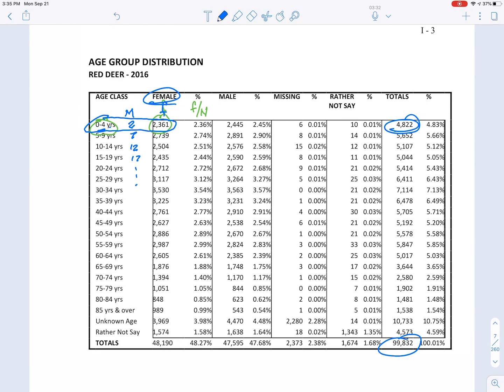So we'll focus in on the 48,000 females. And what I'd like you to notice is that because our infant mortality rate is fairly small in Red Deer, it means that you've got probably close to just about as many 0-year-olds, that is newborns, as you have 4-year-olds.